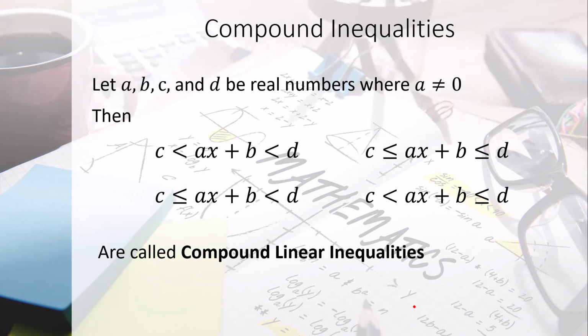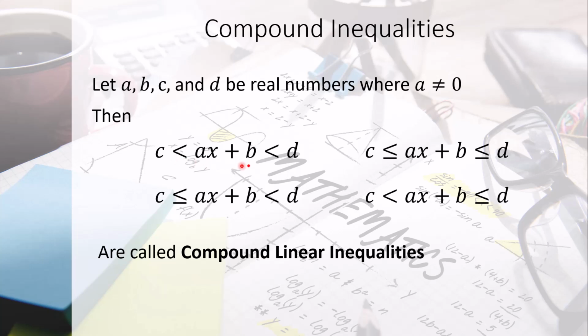Our last topic of conversation is going to be compound inequalities. And these are examples of compound inequalities. Let a, b, c, and d be real numbers, where a is not 0, because if a is 0, it's not really all that interesting. And then these right here are compound inequalities. Here we would have the expression ax plus b is greater than c, and ax plus b is less than d.